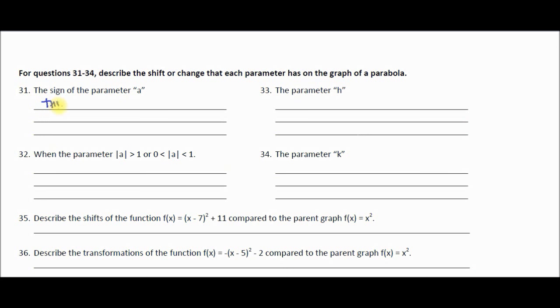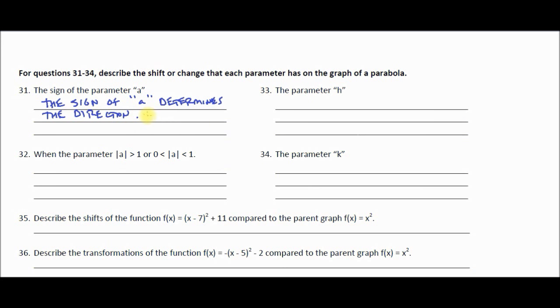The sign of A determines the direction of the parabola.